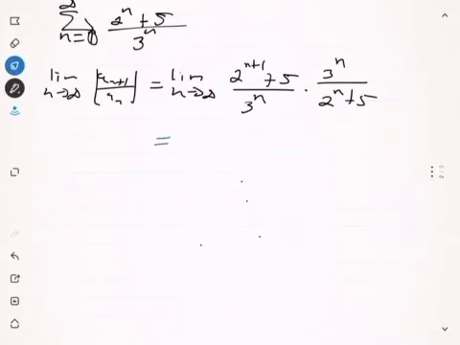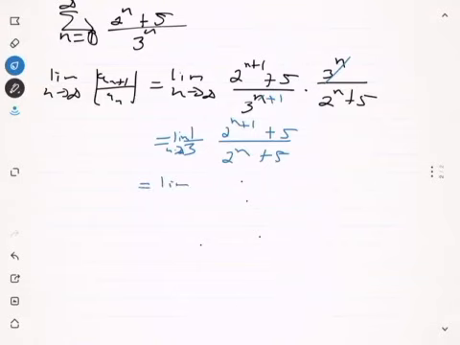Okay, this is equal to 1/3 times the limit as n approaches infinity of 2 to the n plus 1 plus 5 divided by 2 to the n plus 5. 1/3 is because this 3 to the n cancels with this 3 to the n plus 1 right here.